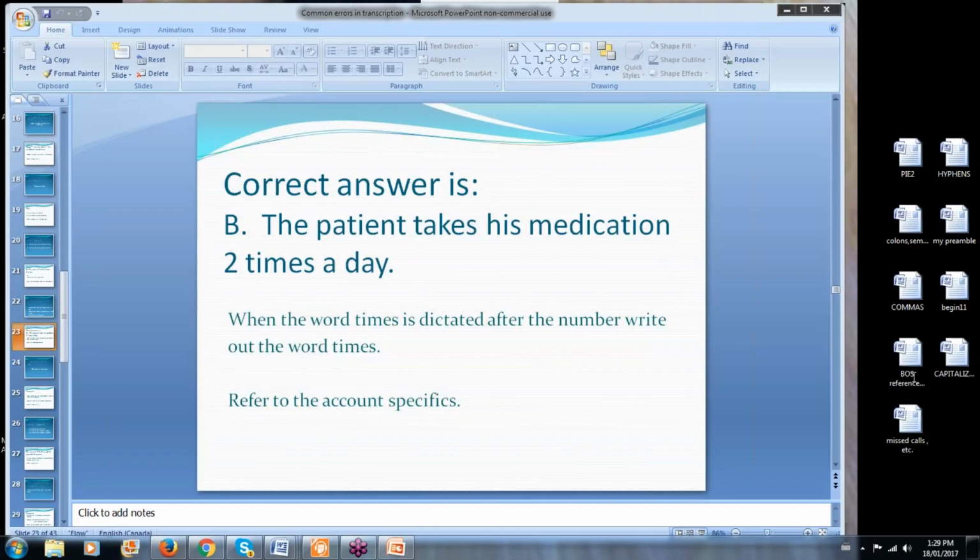Always spell out the word times if it's dictated after the number. All right. Times 2 would be multiplied by 2. 2 times would be do it twice. So, okay, maybe I should ask this question or the next one again. Is everybody clear on this one?